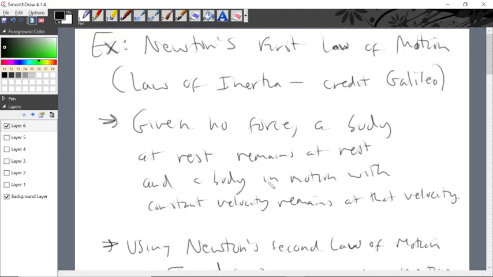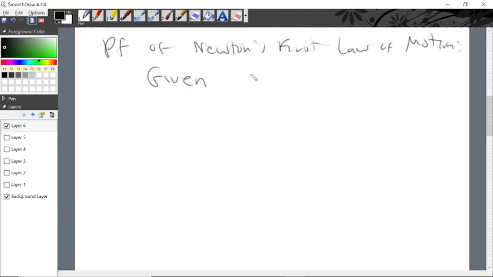Given no force, so that is given that F is equal to 0, that means that mass times acceleration is equal to 0. But mass has to be greater than 0. Then that means that the acceleration must be equal to 0. If the force is equal to 0, then it's the acceleration that is equal to 0.